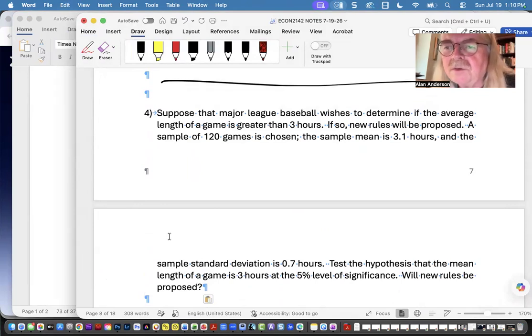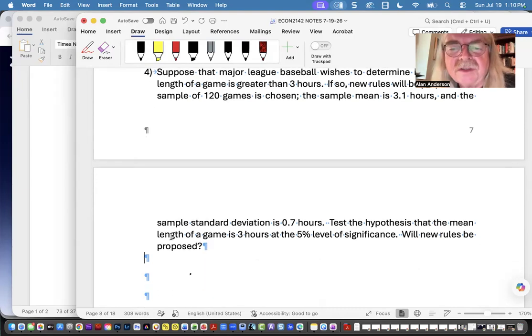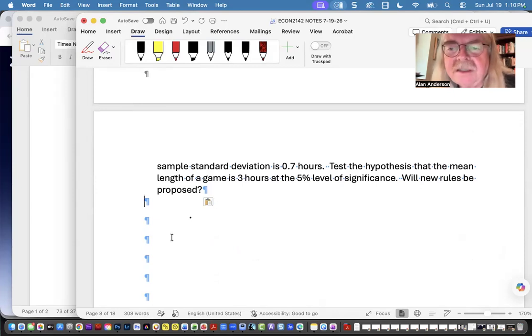If so, new rules will be proposed. A sample of 120 games is chosen. The sample mean is 3.1 hours, and the sample standard deviation is 0.7. And we're going to test this hypothesis at the 5% level of significance. So it's a right tail test. We're going to change the rules if the length is dragging on past 3 hours.